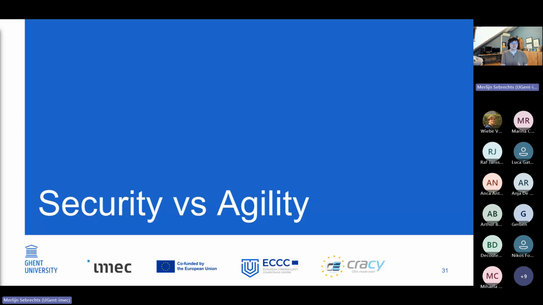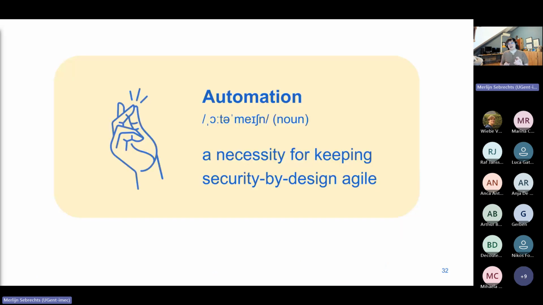You will lose a little bit of agility in order to be able to add security. But this security is essential. It is a non-negotiable. You need to add it into your lifecycle. So how can we look at making this trade-off a little bit easier? Well, I have a cheat code for you. And that cheat code is automation.